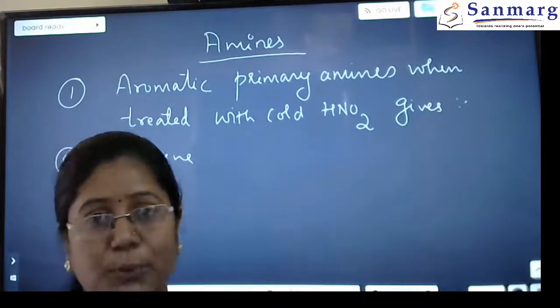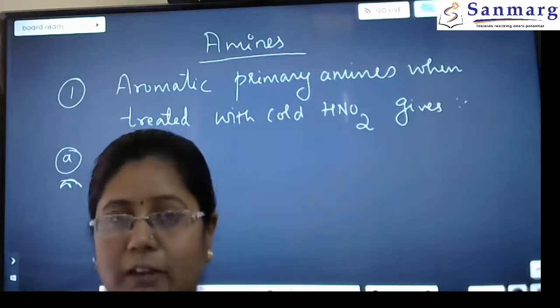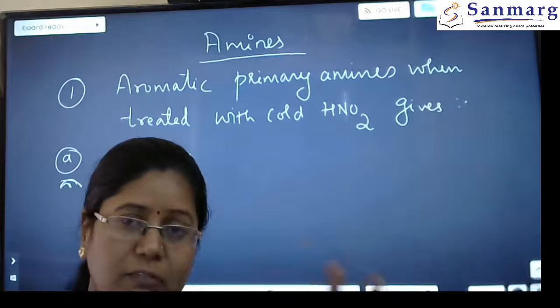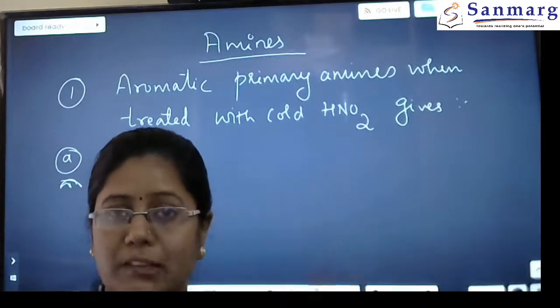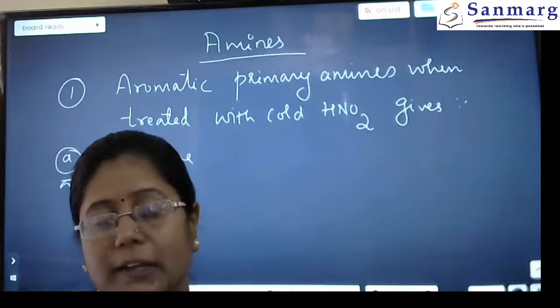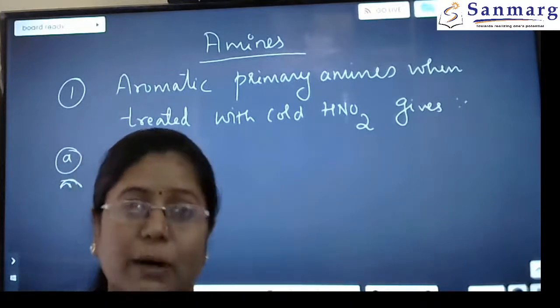When this is treated with bromine in presence of KOH, potassium hydroxide, benzamide is converted to its amine. Which amine is formed?